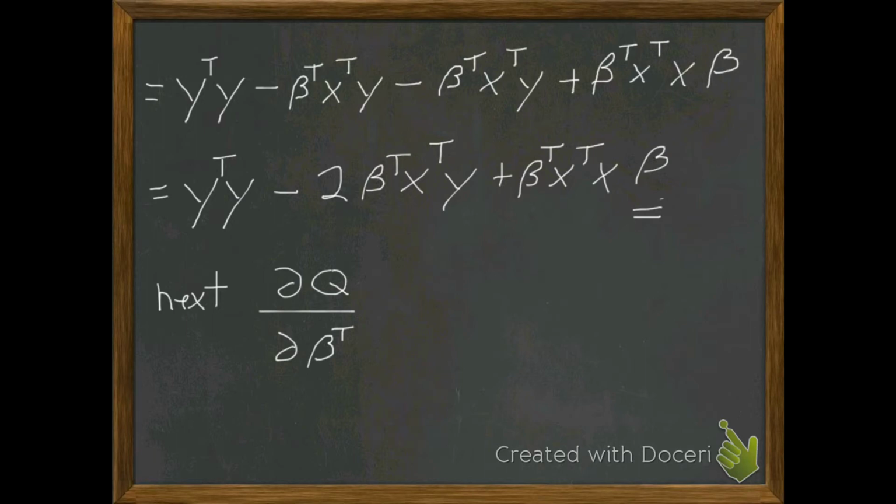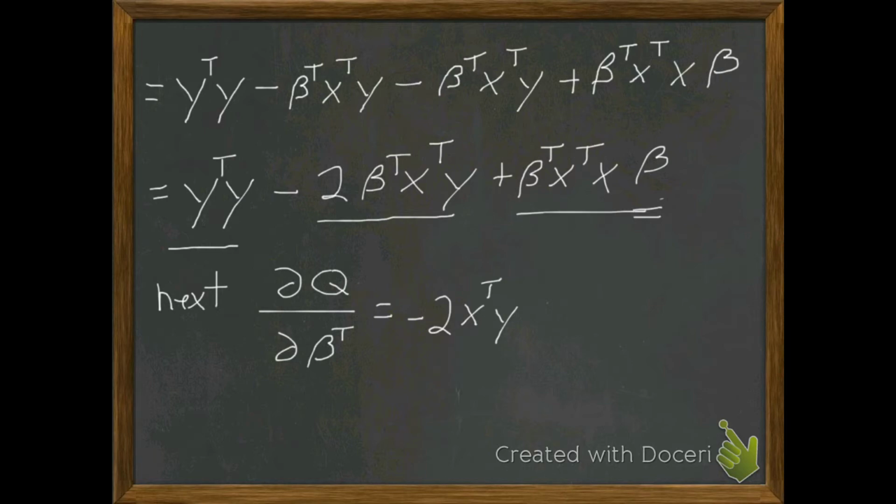And when I do that, this term here doesn't have a beta transpose, so that goes away. This term right here with respect to beta transpose will of course be -2 x transpose y.